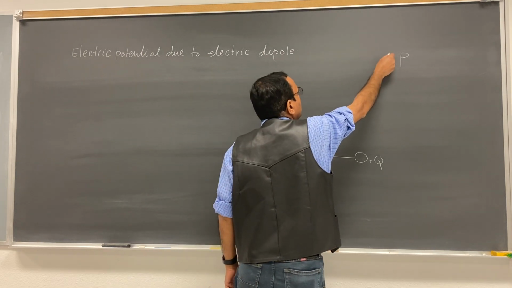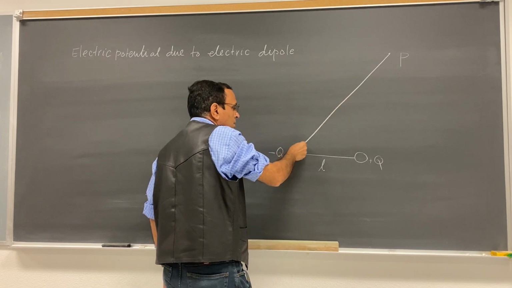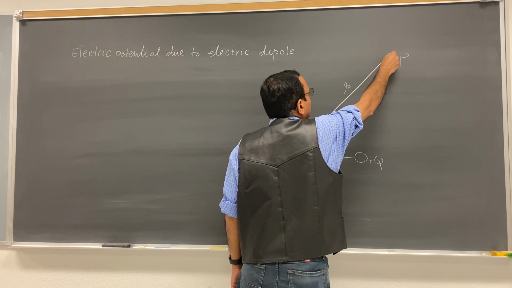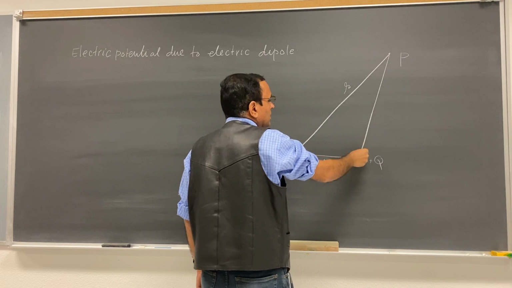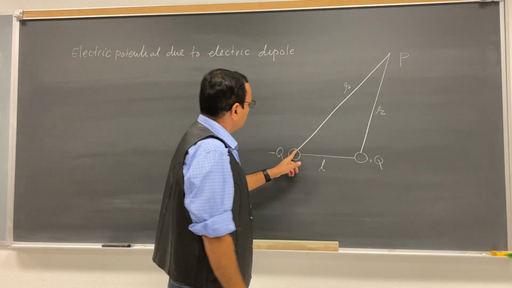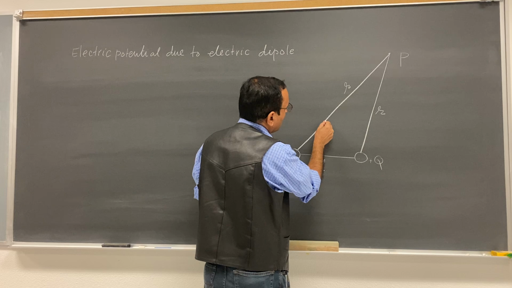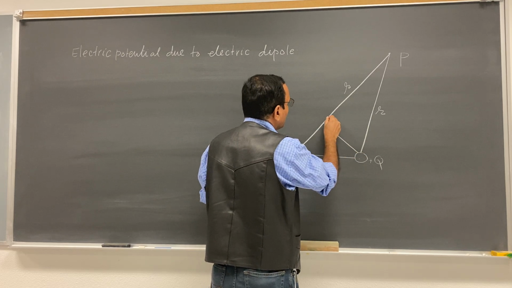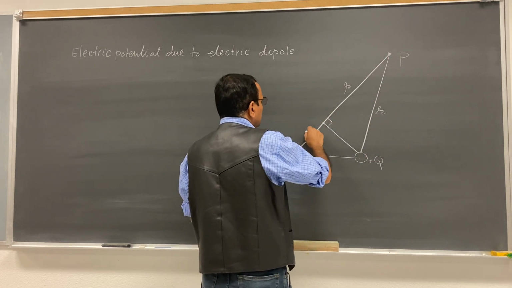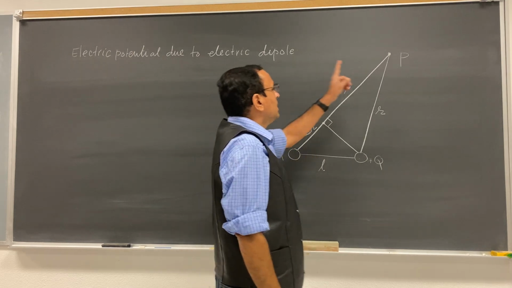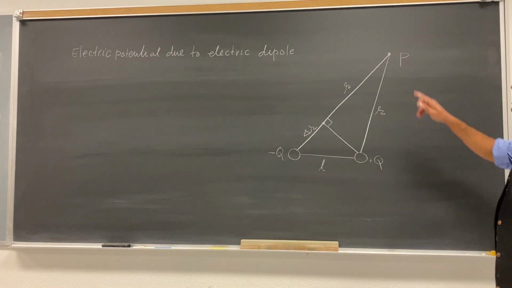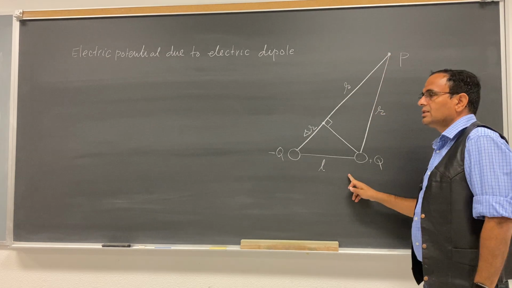Let us suppose the point P from the positive charge Q is R. The point P from the negative charge is a little bit longer, so I have to draw from this point to point P, it is R. So let this be delta R. So the distance of point P from the negative charge is R plus delta R. Now we need to calculate the electric potential at this point P due to this electric dipole.